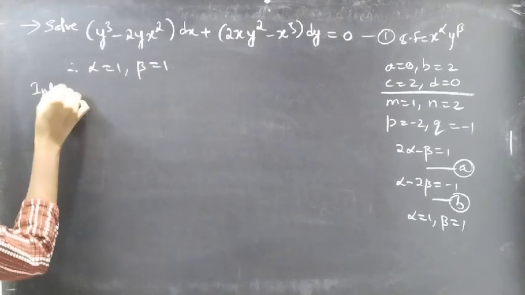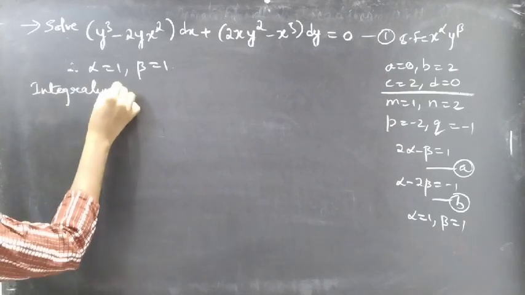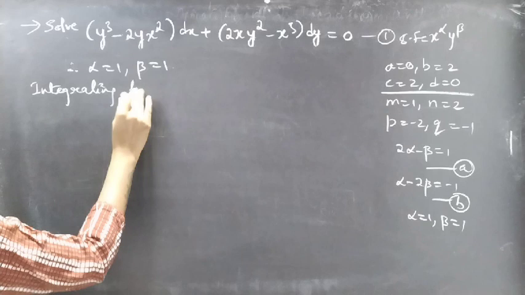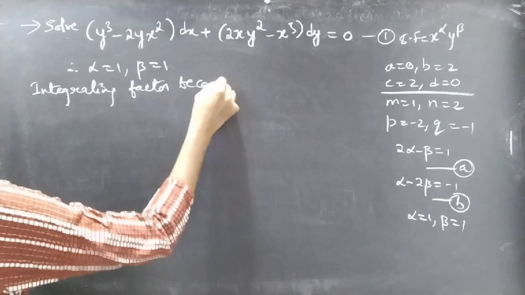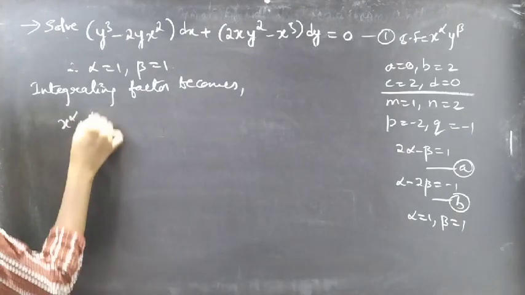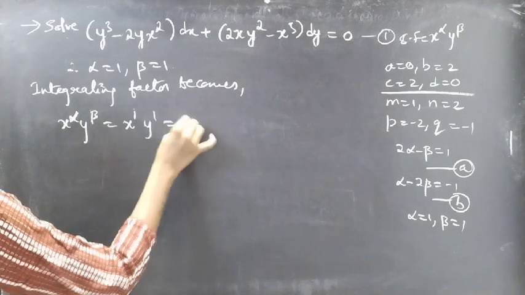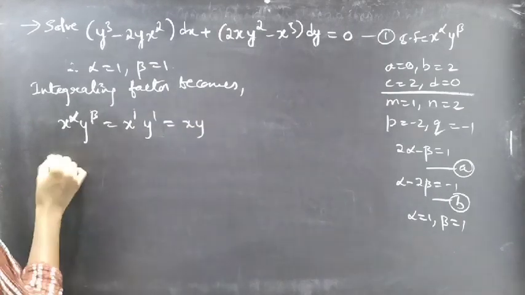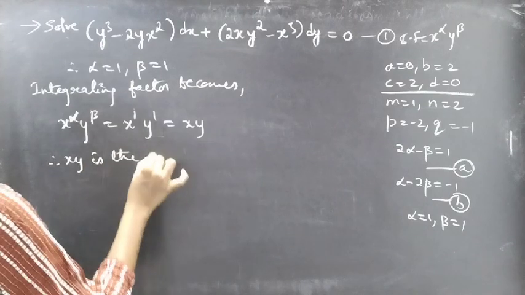Therefore, alpha equal to 1, beta equal to 1, right? Then the integrating factor becomes x power alpha y power beta equal to x power 1 into y power 1, which is xy, right? Therefore, xy is the integrating factor.